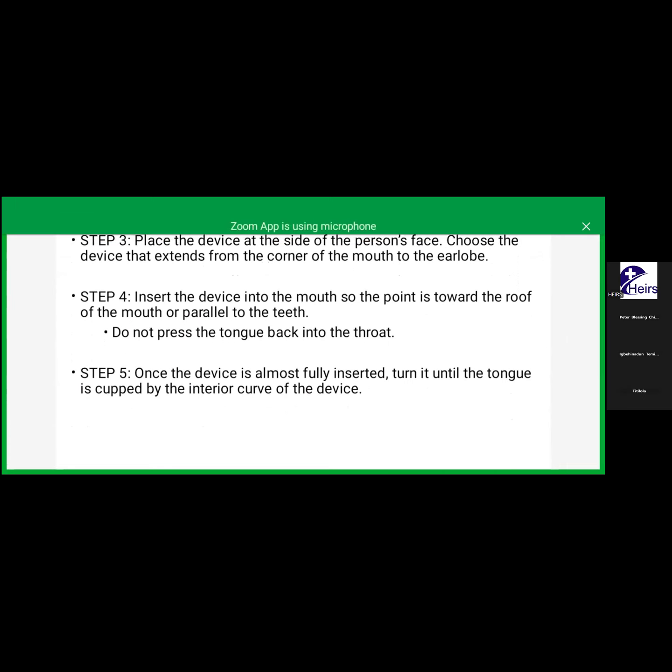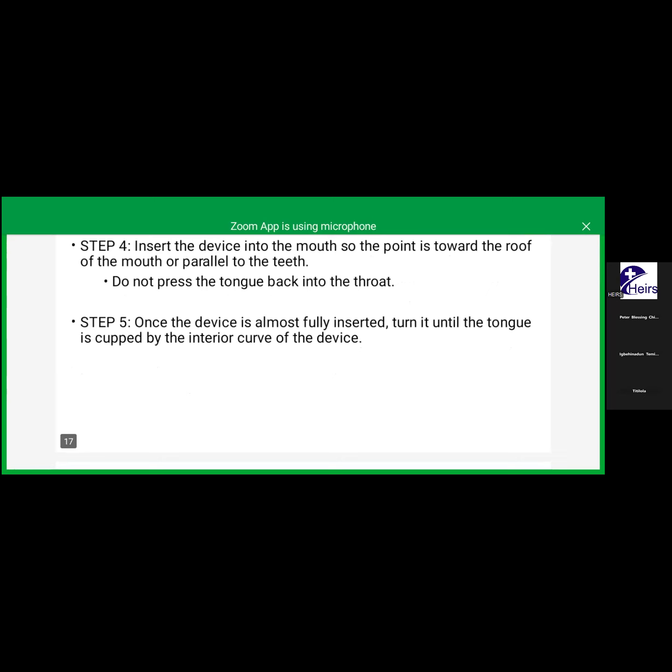So how do we insert it? We'll use the cuff end, the tip, and put it into the mouth of the patient, and we'll make that cuff end look towards the roof of the mouth, as if it's facing the brain. When the length of the device is almost inside, we can then do an anti-clockwise rotation.